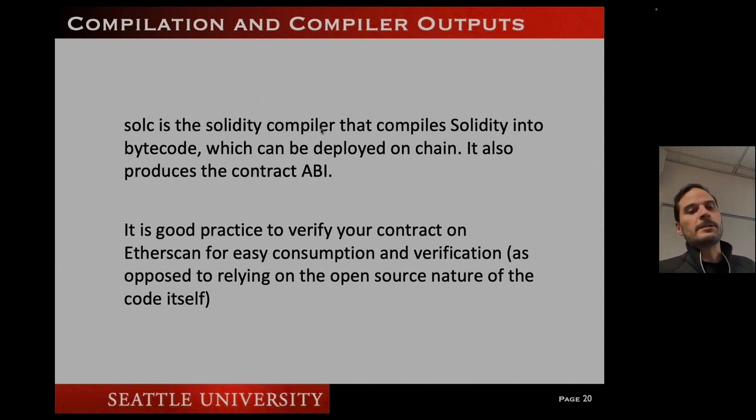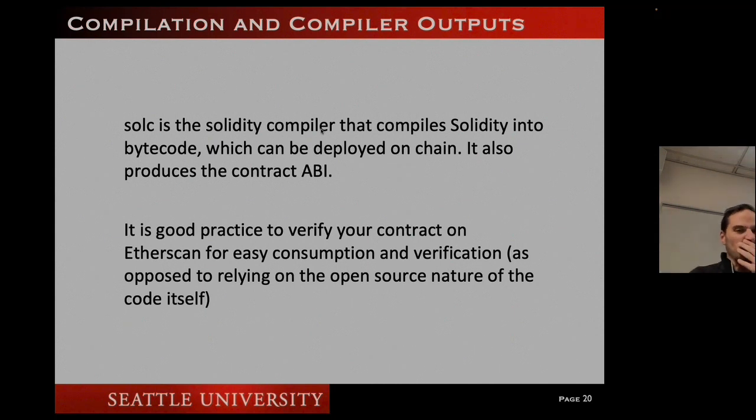And then, as I mentioned, it's good practice to verify your contract on Etherscan for easy consumption and verification. And this is much better than just relying on open source. You could say, hey, my protocol code is over here in GitHub, but there could be sync issues, where essentially that code is really not what is deployed on chain.